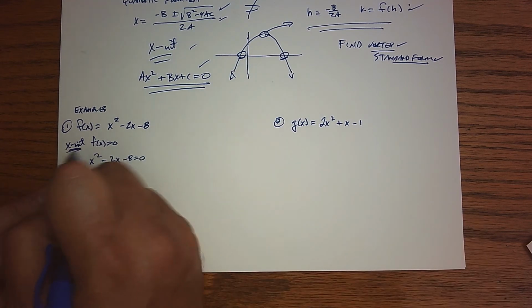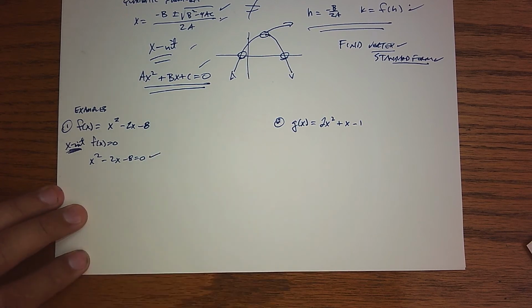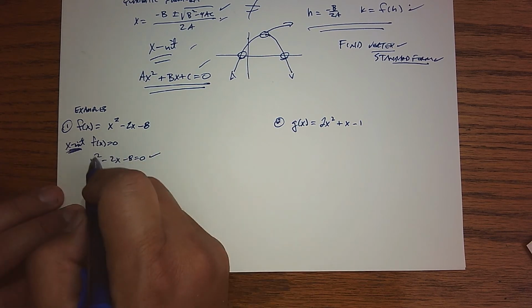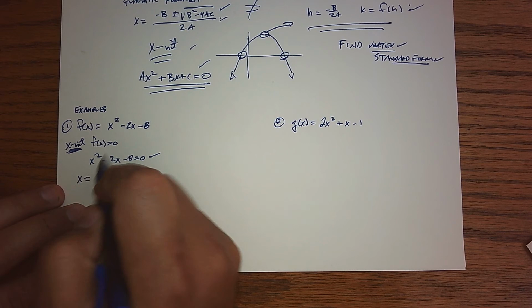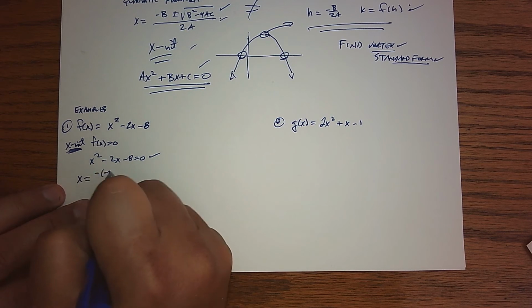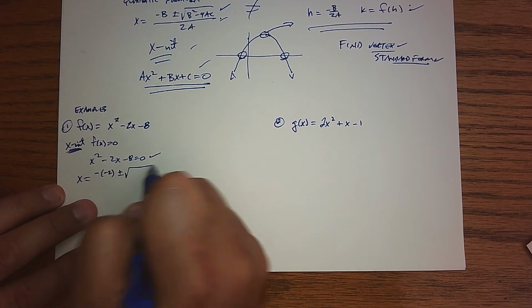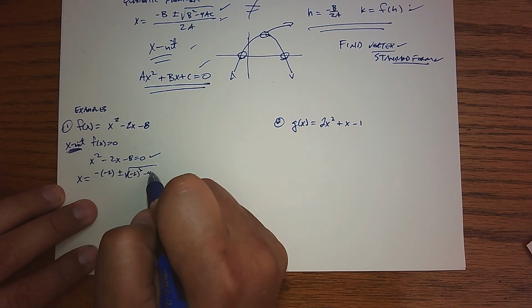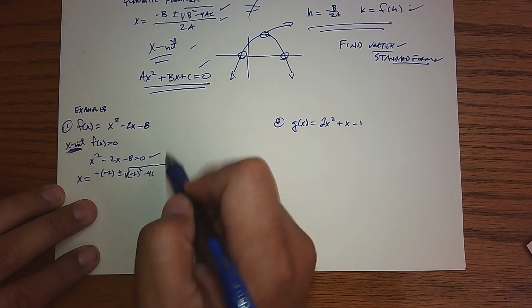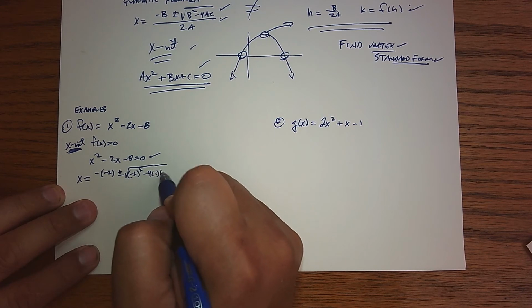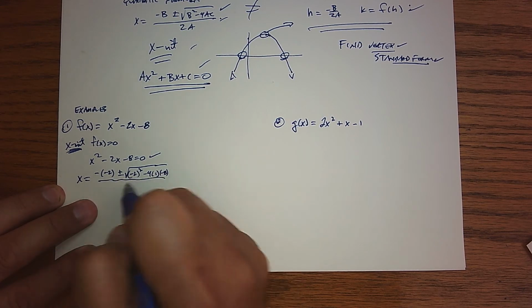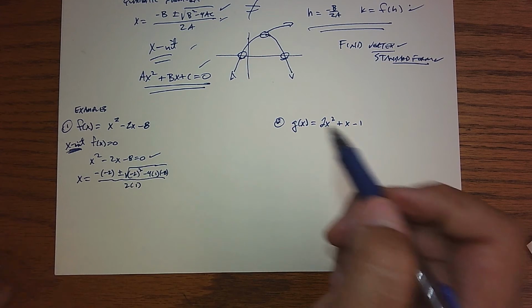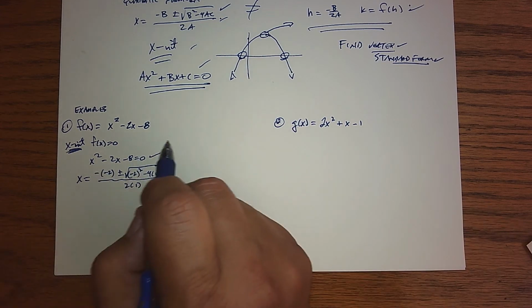Because I'm finding an x-intercept, because I'm solving an equation equal to 0, my solutions would be negative negative 2 plus or minus the square root of negative 2 squared minus 4 times a times c, all divided by 2 times 1. So if we were asked to find the x-intercept, that's what I would do.